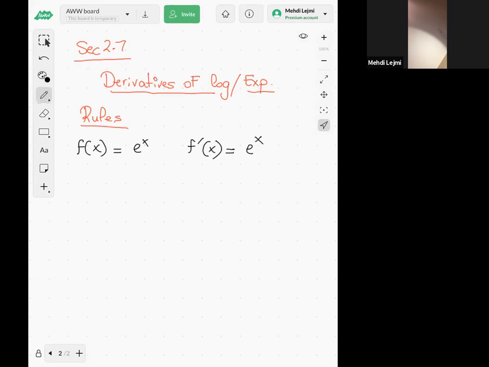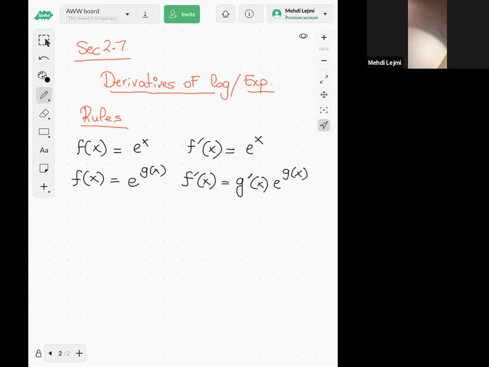But then we said, and this is a consequence of the chain rule, if you have exponential of some function g, so the exponent is g, then the derivative f prime of x should be g prime of x times e to the g of x, right? So that's for the exponential. And then we computed the derivative of log, right?